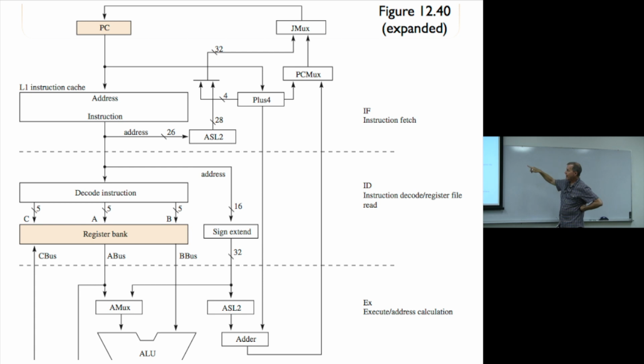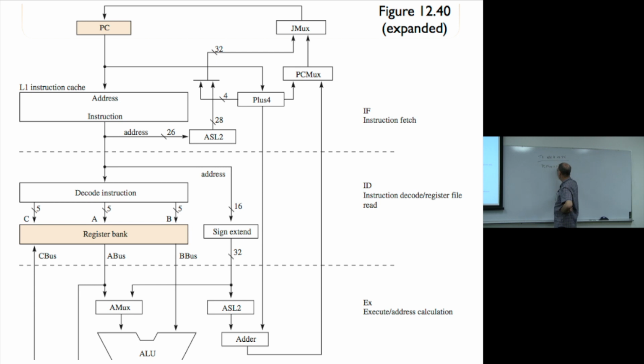So let's write down the control signals necessary to add 4 to the program counter. So how would we add 4 to the program counter? The program counter branches off as the input to the what? +4. And where do we want that +4 to go? The output of that +4 goes to PC. So what do we have to do? So what does PC mux have to be?